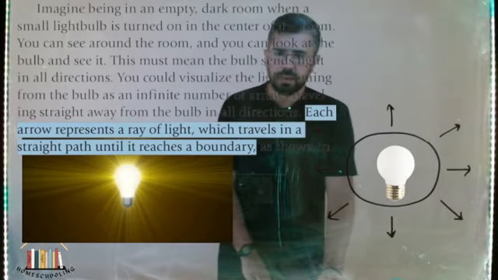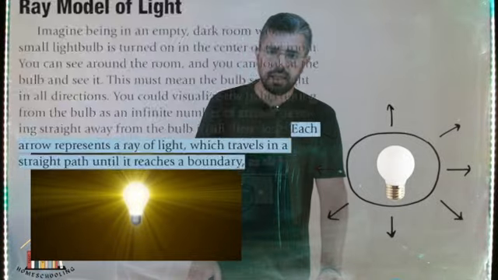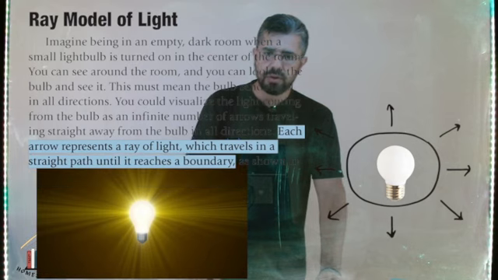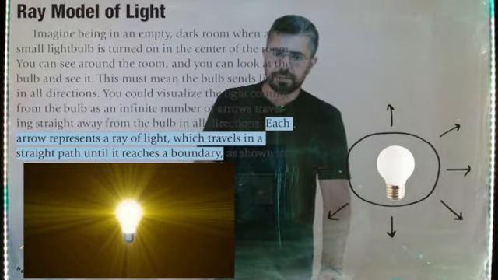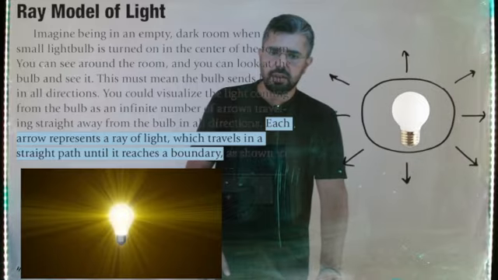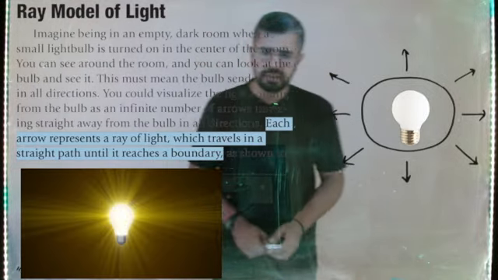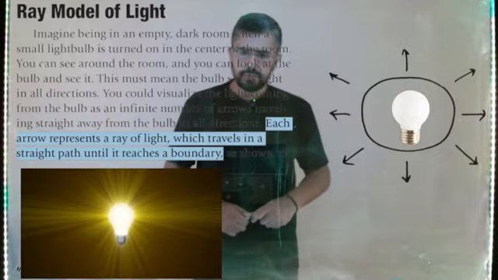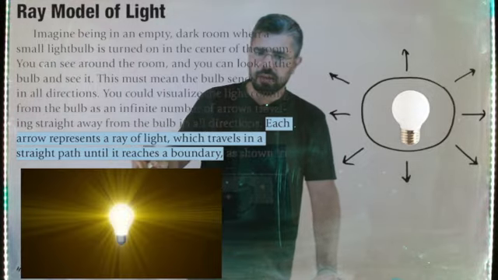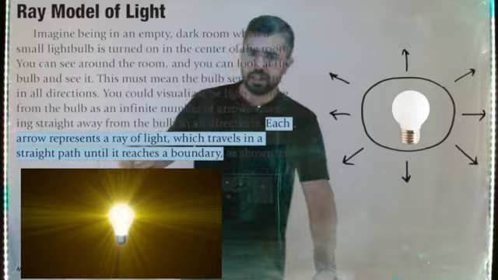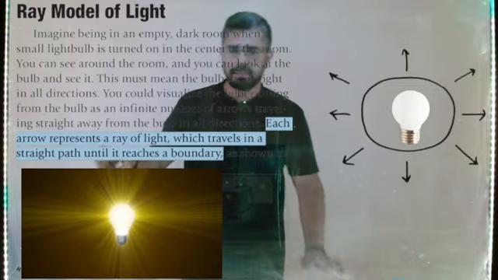All right, we continue, coming with the ray model of light. It's an early model where scientists started to study and learn more about the behavior of light. Each arrow in this picture represents a ray of light which travels in a straight path until it reaches a boundary. Imagine we have a source of light, in this example the light bulb.